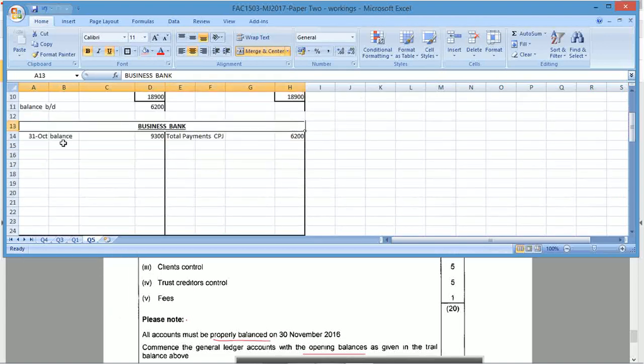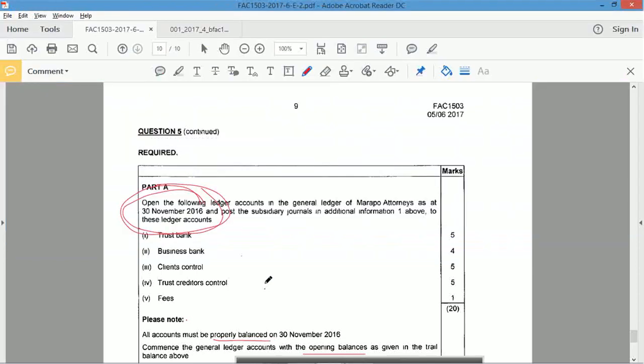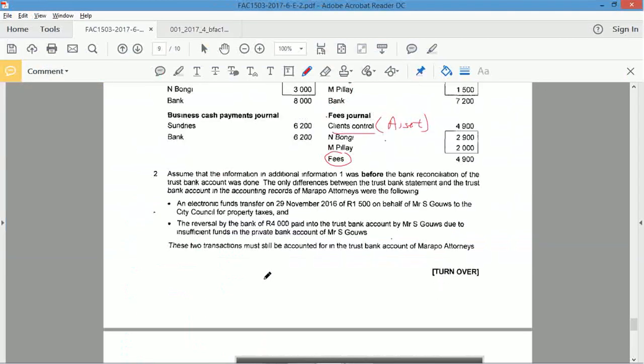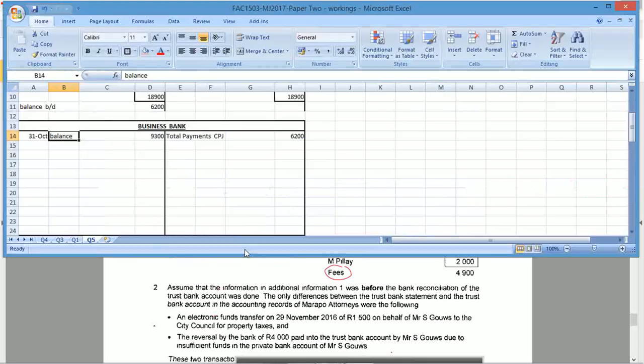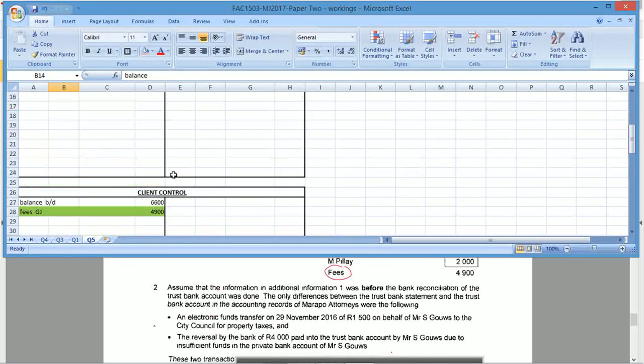Business bank account, we had the balance, we had the payments. Did they not give us any receipts here? Let's just check. Business receipts. No, we only had business payments. So no business receipts. Well, business receipts would be the fees journal.